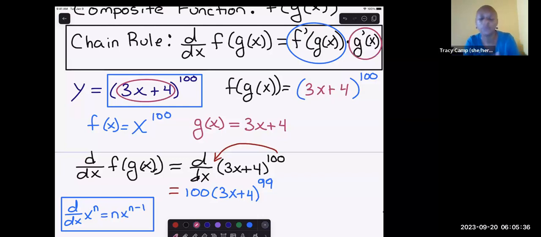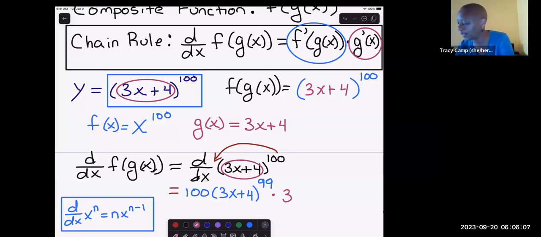And so the chain rule says, okay, go ahead and use your power rule. But if you had something there other than an x that was being raised to a power, you have to multiply by the derivative of that other thing. And so in this case, we had a 3x plus 4 being raised to the power, not an x. And so I have to multiply by the derivative of 3x plus 4, which is 3.